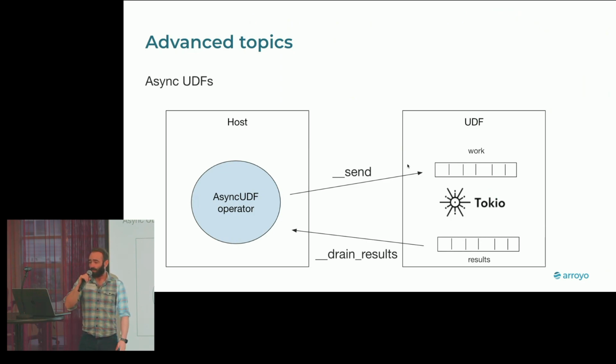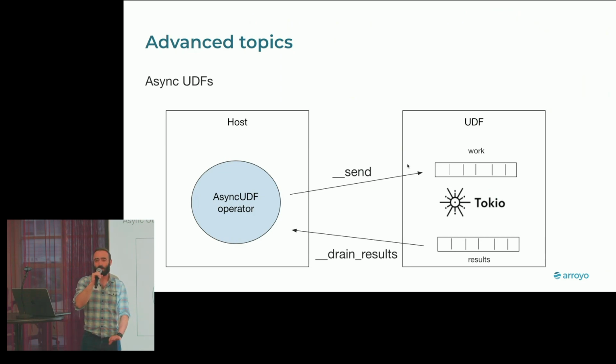And the way we implement this is quite complex. Tokio, for those who don't know, is the standard Rust async runtime. It's what DataFusion uses for all of its lightweight threading. Unfortunately, you can't share Tokio across an FFI boundary for a bunch of reasons. So we actually have to run a separate Tokio reactor within each UDF's FFI space.